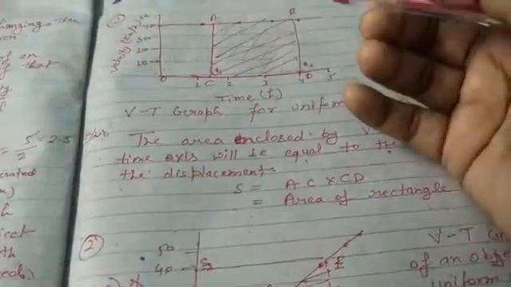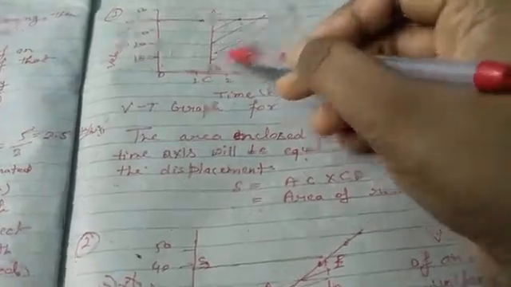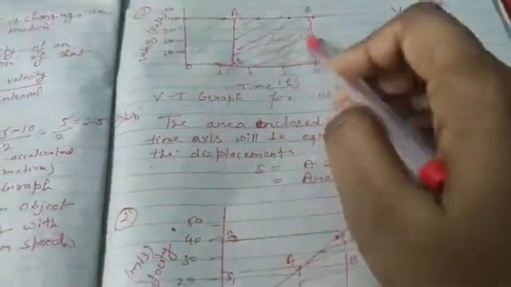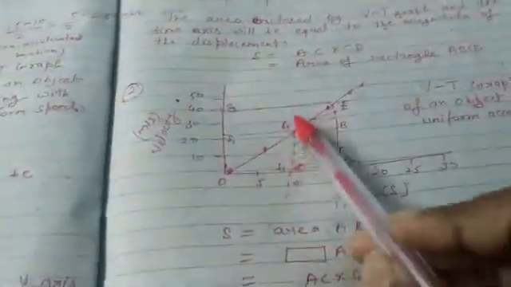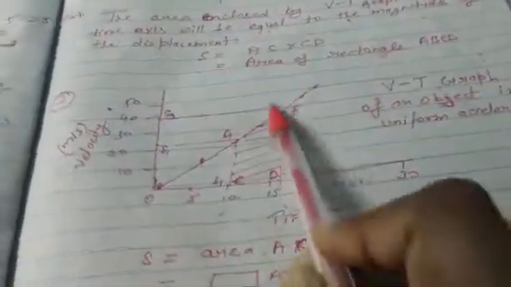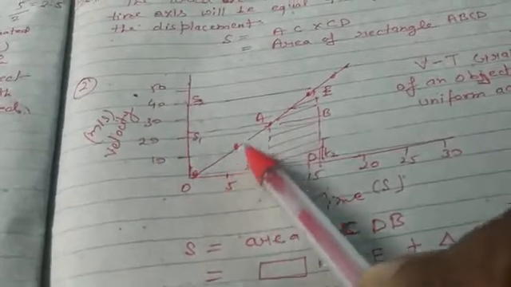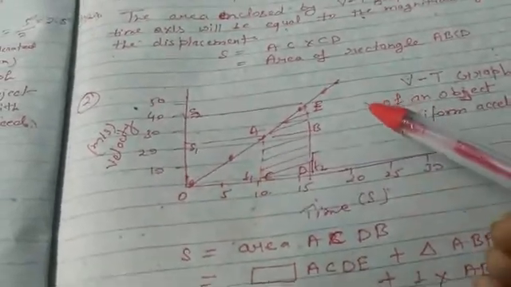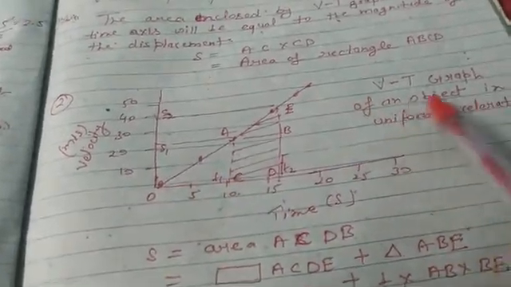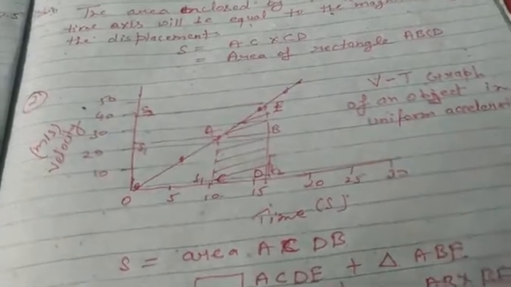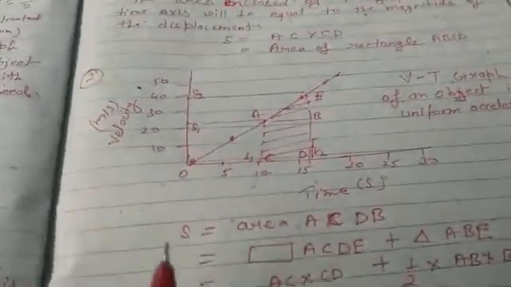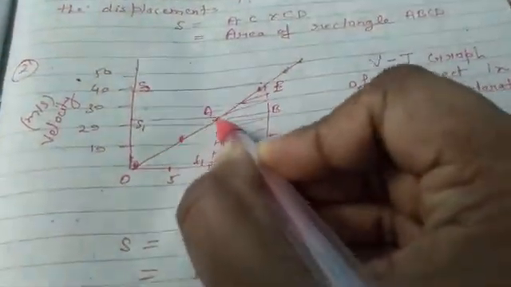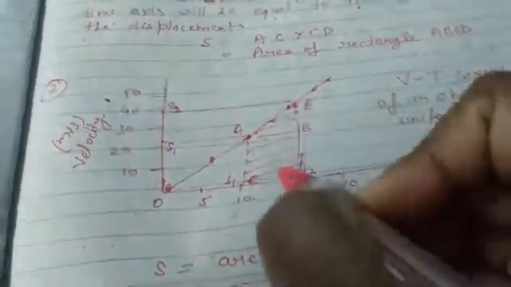So to find the displacement, we have to find the area enclosed by the velocity time graph and the time axis. Now come to here. Here velocity is changing but uniformly. Okay, this is the velocity time graph of an object in uniform acceleration, because the velocity is changing in a uniform way. So here we take 2 points on this straight line.